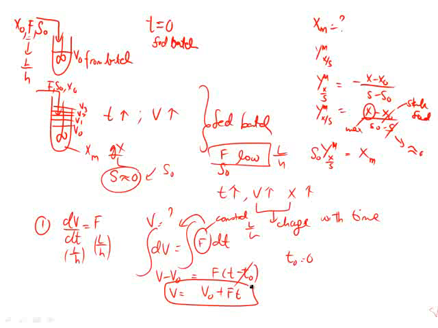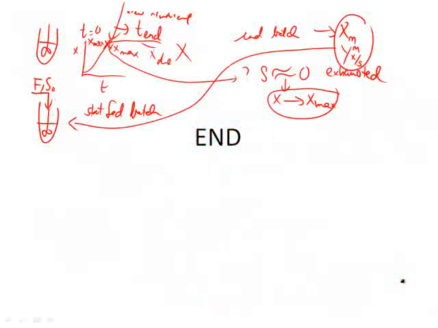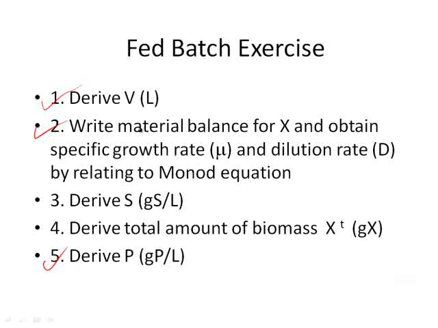The volume depends on the initial volume from batch plus F times T. Okay, what is that? The initial volume plus liter per hour times how many hours? So you get liter, right? The initial volume plus the extra volume from the feed, right? That is easy. Next, second one. How do we write the material balance for X? The material balance for X means how many gram of X per hour.